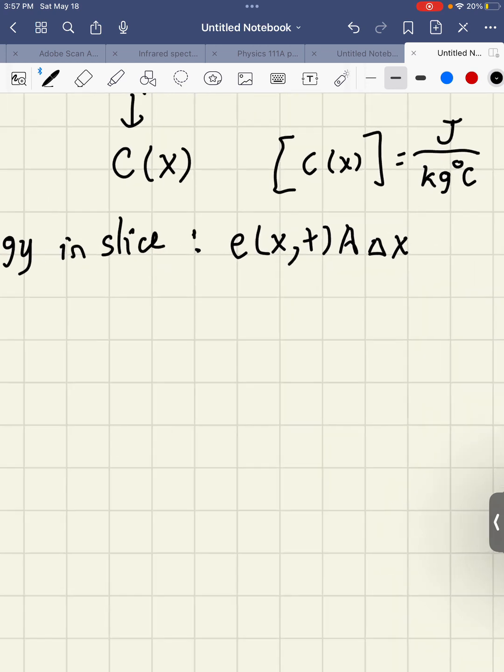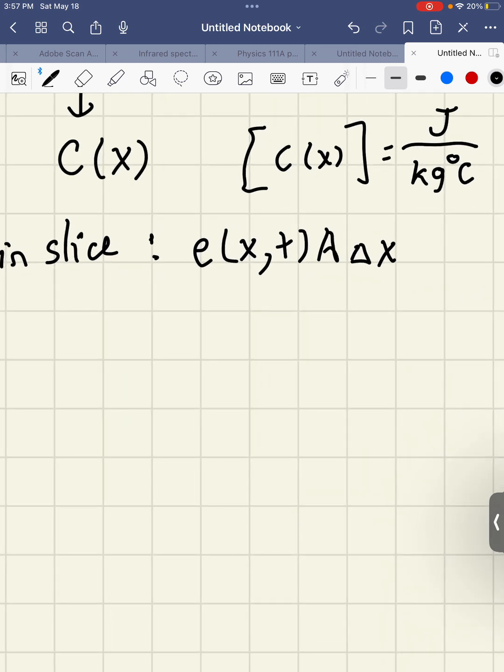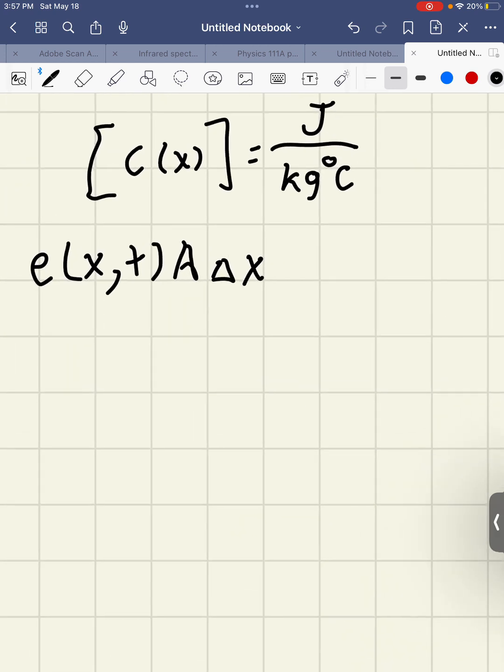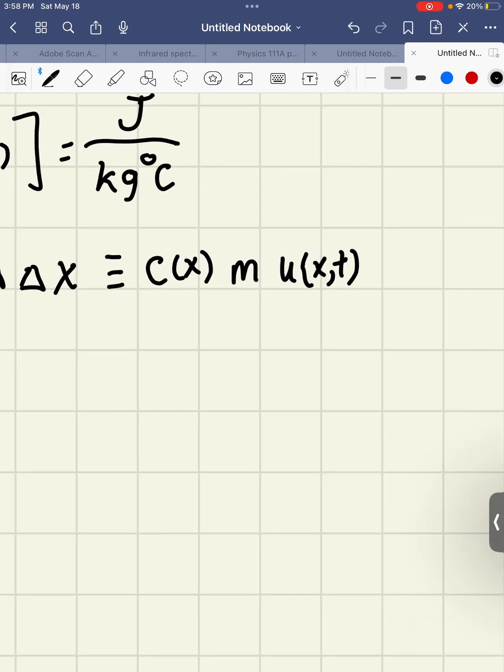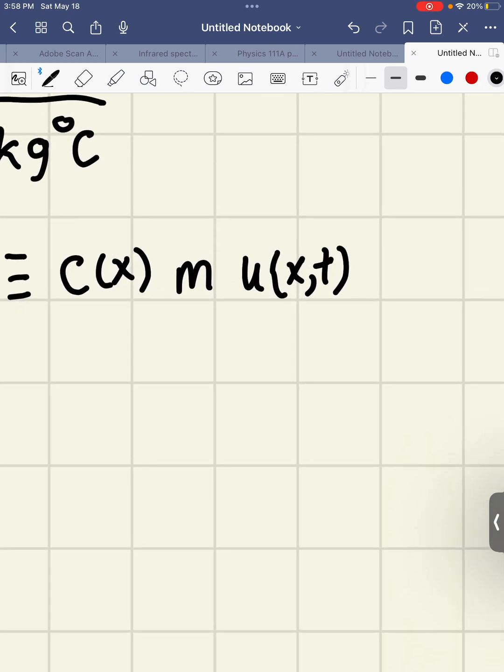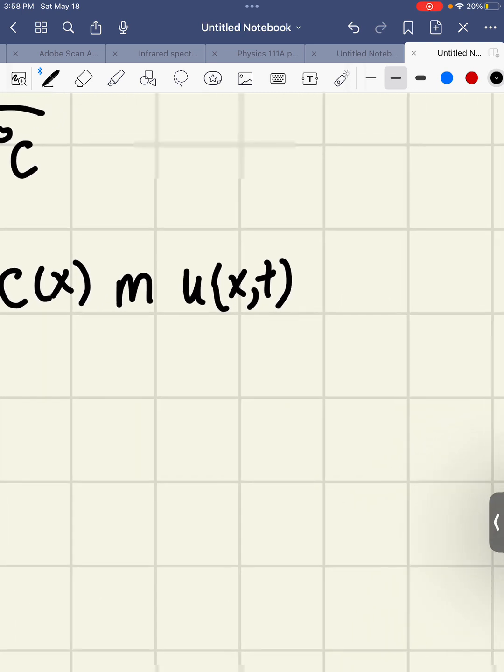So I can rewrite this as, that's equal to C of x times our mass times our temperature difference. Let's say our initial temperature was 0. Our reference temperature is 0. This is the same equation.